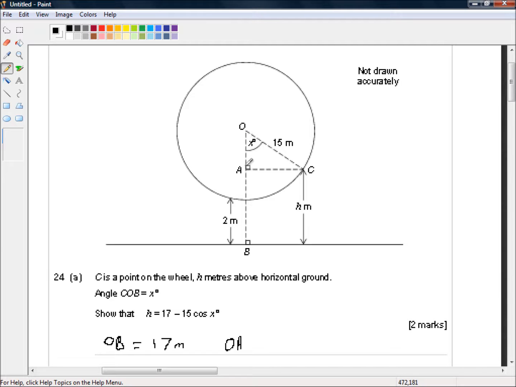So this distance OA is just 15 cos x, because this is the adjacent, this is the hypotenuse. The adjacent is equal to the hypotenuse times the cosine of the angle. So OA is equal to 15 cos x.